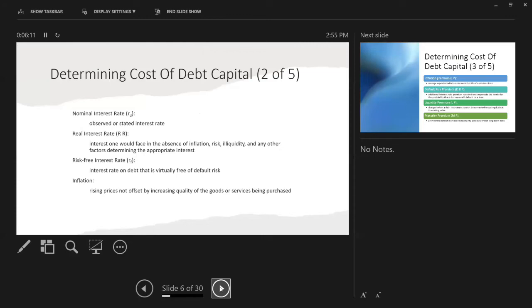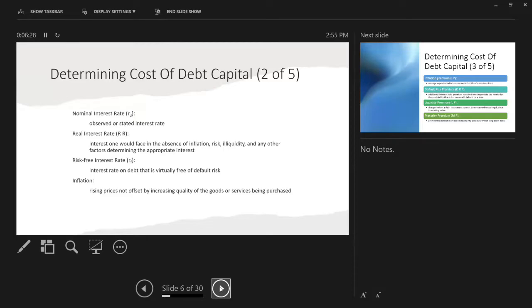which is sometimes ignored by many individuals who don't understand finance and accounting. Okay, and then we also look at a few other elements, for example the nominal interest rate, which is the one that can be observed. The interest rate you pay, the interest that can be seen and observed, the stated interest rate, which is very clear.